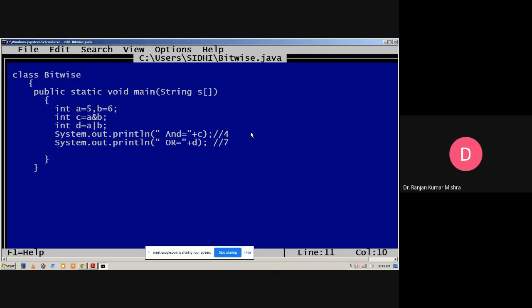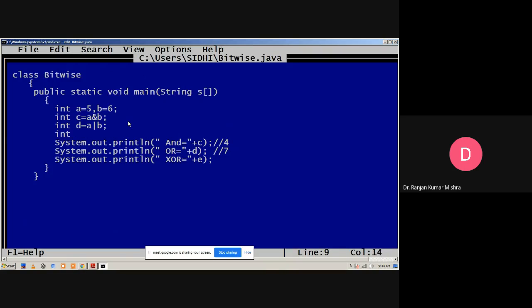Now System.out.println. Now we check the exclusive OR. Exclusive OR equal to, plus E. For this we can write int E equal to A exclusive or, that is the caret sign, B. Now we can see what the value will be.